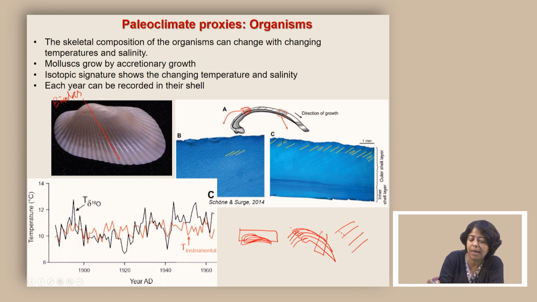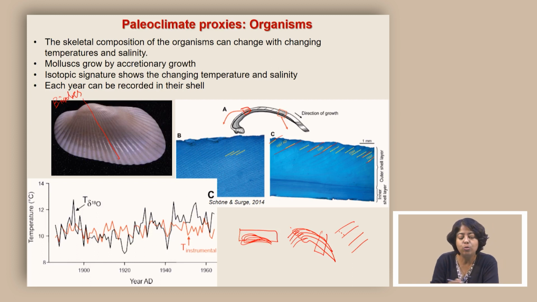Once they dated it, they found that each of these layers represents a different year. So, this one represents 1597, this one represents 1590, this one represents 1587, and so on and so forth. So, these are very precise yearly measurements.